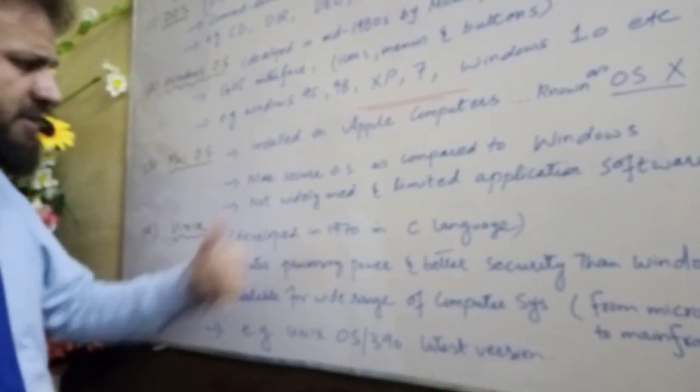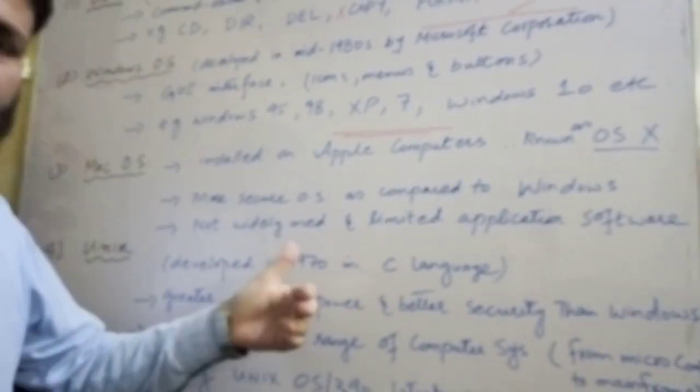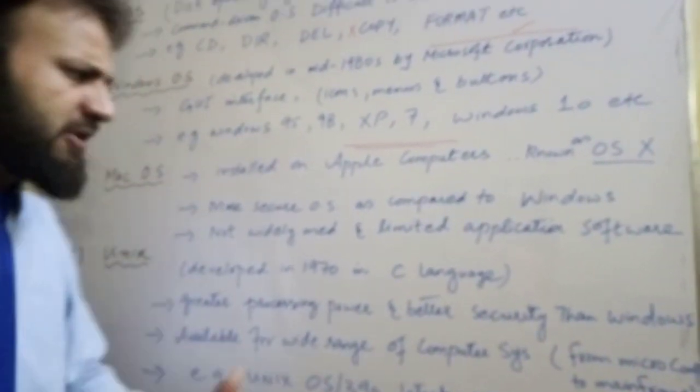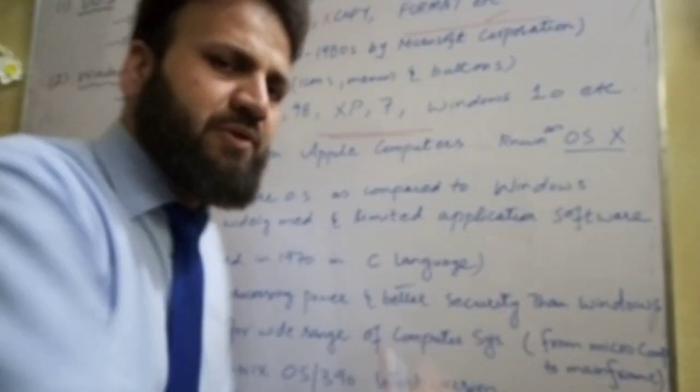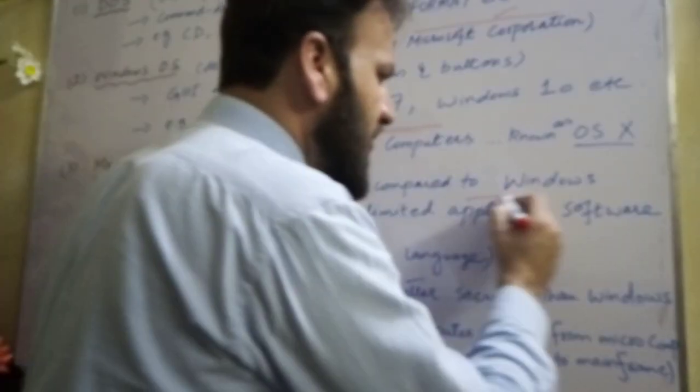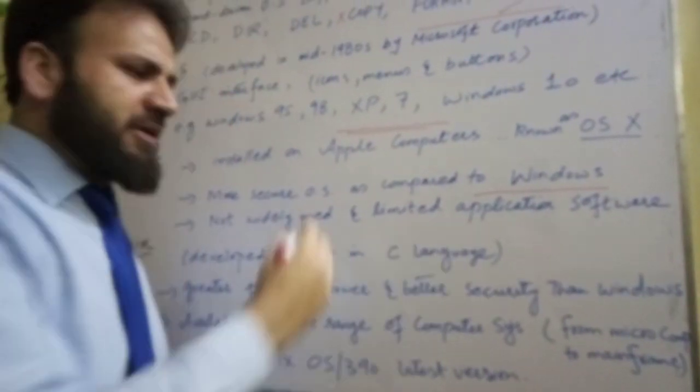But the drawback is that it is not widely used from the customer point of view. Because it is not widely used, it has limited application software. The number of application software installed on it is very limited.